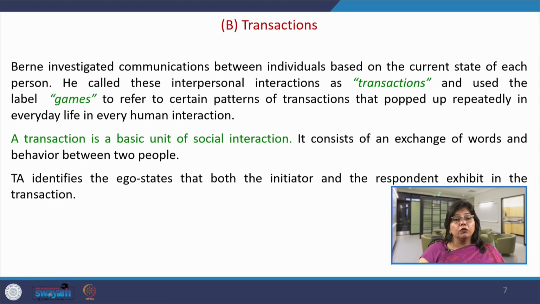So, it is a basic unit of social interaction, and it consists of an exchange of words and behavior between two people. So, this use of words and behavior becomes the game. How we are using the words and behavior in a particular construct in a particular current state. Therefore, TA identifies the ego states that both the initiator and the respondent exhibit in the transaction.